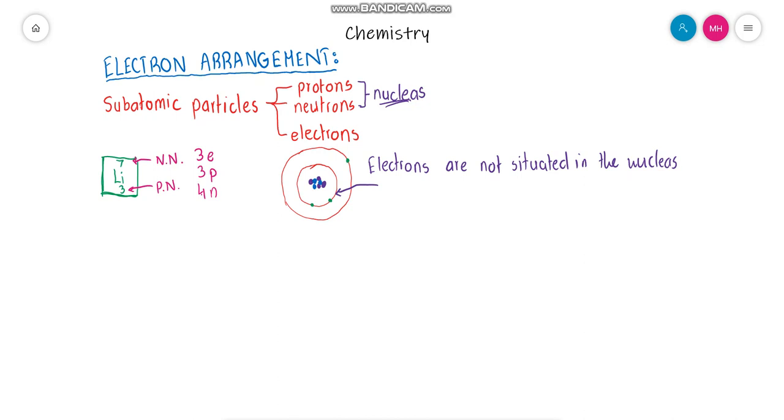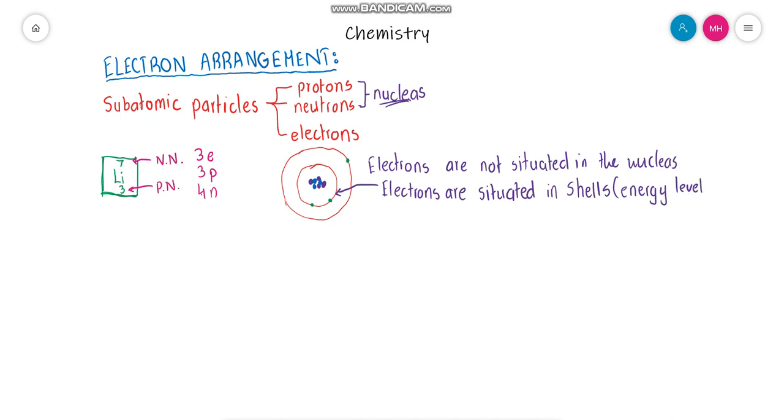So the electrons are situated in shells, or energy levels.